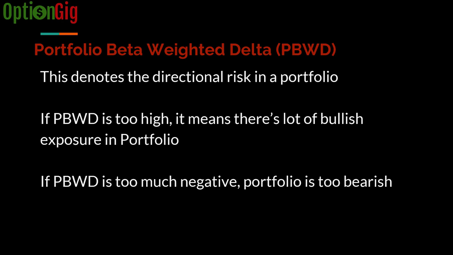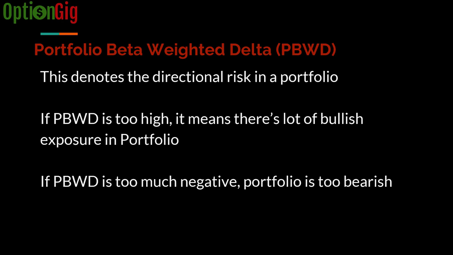Similarly, if the portfolio beta weighted delta is too much negative, it means my overall portfolio is bearish, which means the overall portfolio will benefit if the market goes down, right? That's why it is bearish. So the portfolio beta weighted delta value will tell you how much directional risk you have in your portfolio.